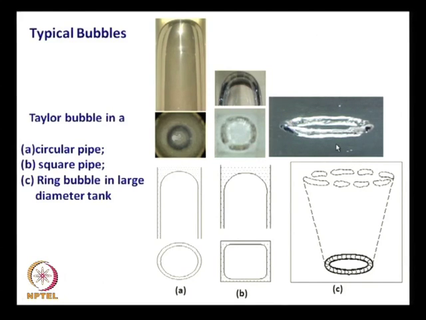Same air volume, if it is introduced into a column and the bubble is confined by the walls of the column, immediately the shape transforms and becomes an axisymmetric bullet shape, which is known as a Taylor bubble. Now, we have studied Taylor bubbles over a wide range of circumstances.